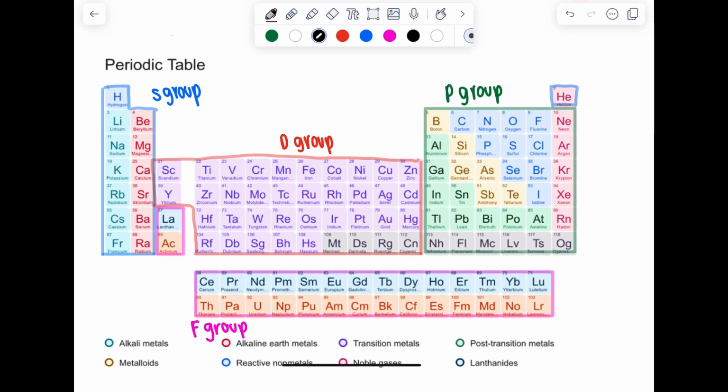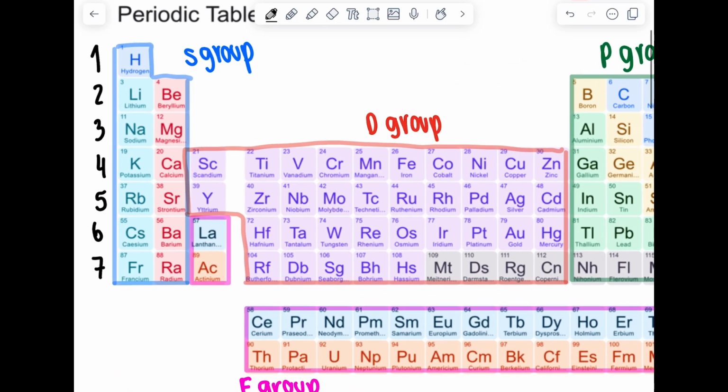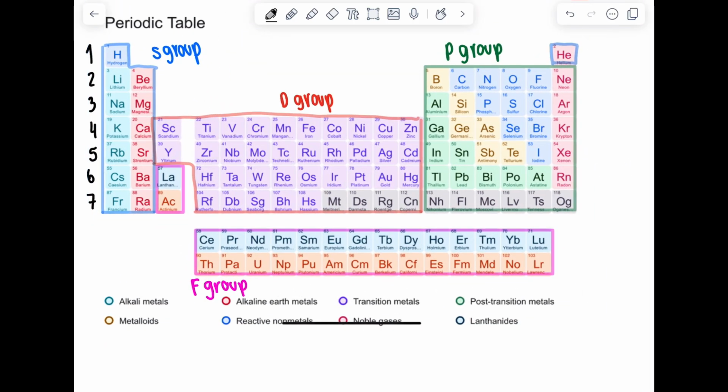The energy levels are 1, 2, 3, 4, 5, 6, and 7. Now, for the D group, it also has this level, but you have to remember this: n minus 1.